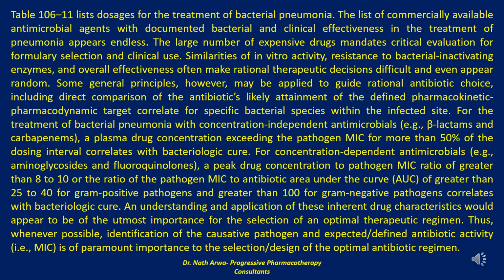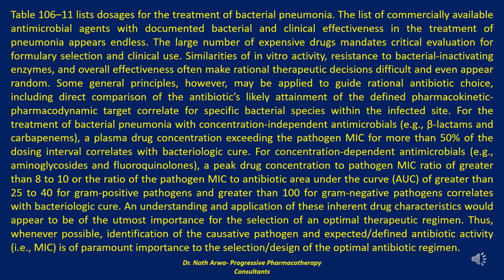For the treatment of bacterial pneumonia with concentration-independent antimicrobials, e.g., beta-lactams and carbapenems, a plasma drug concentration exceeding the pathogen MIC for more than 50% of the dosing interval correlates with bacteriologic cure.